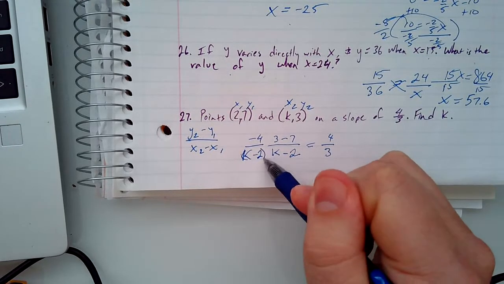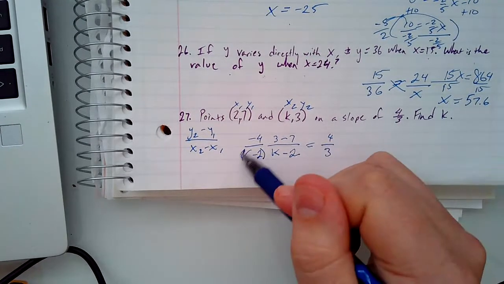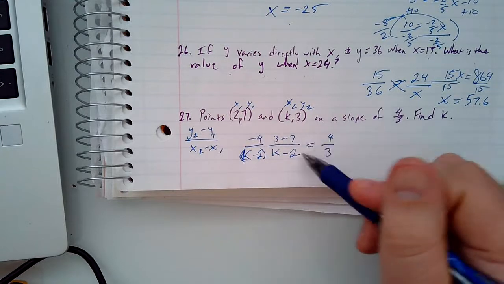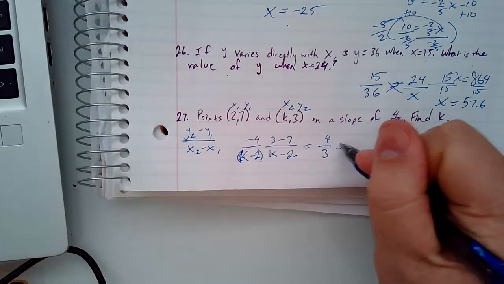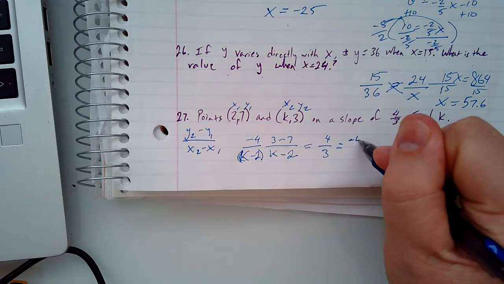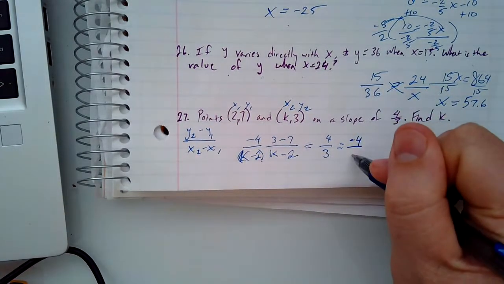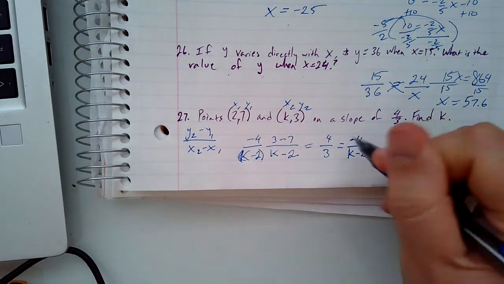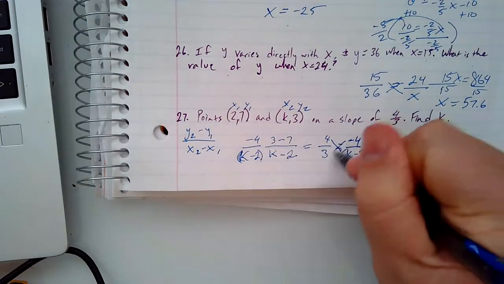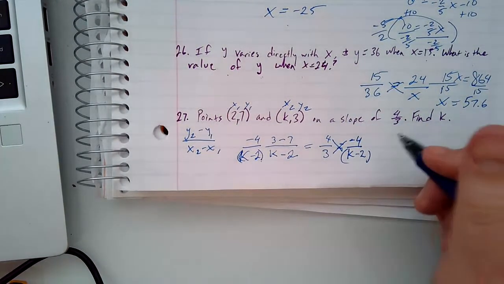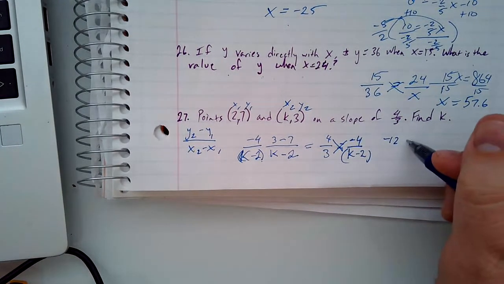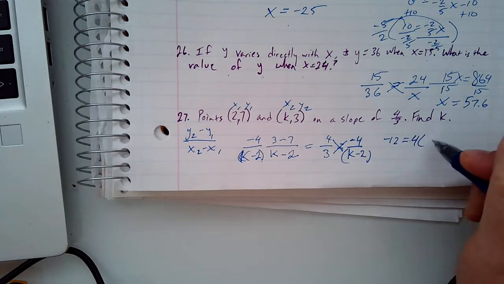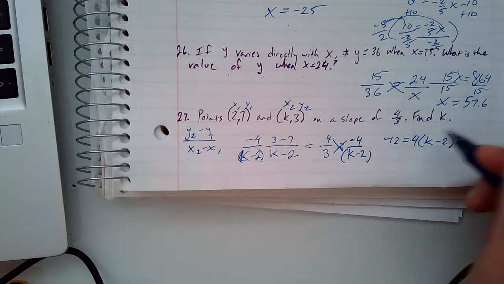I need them to be equal, so I'm going to do a simple cross multiplication. I'm going to reset it up over here for you so it's easier. Negative 4 over k minus 2. I'm going to put that in parentheses and cross multiply. I get negative 12 on this side, and I get that equal to 4 times k minus 2.